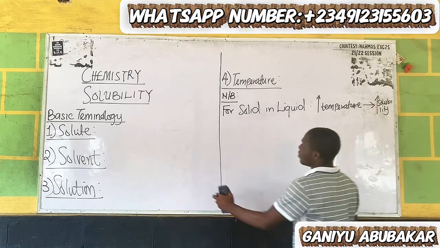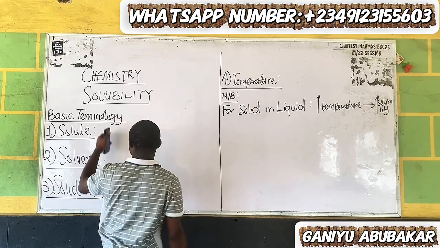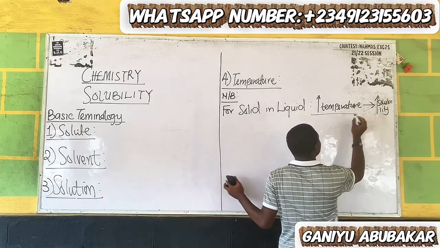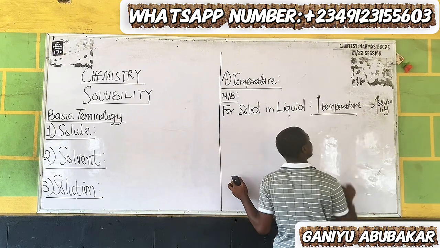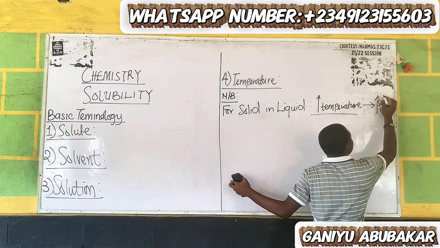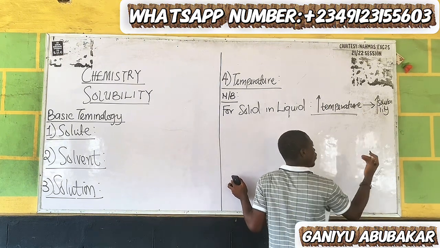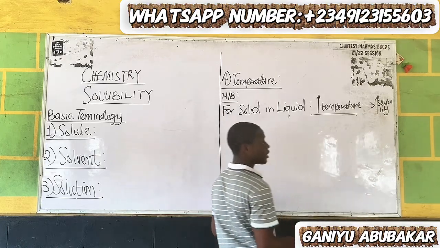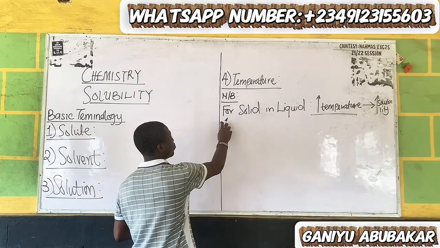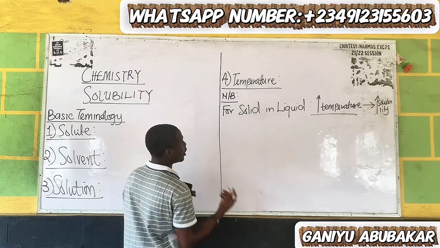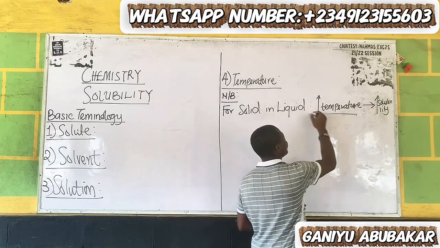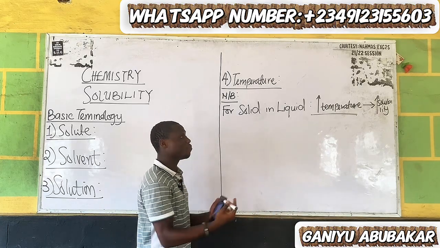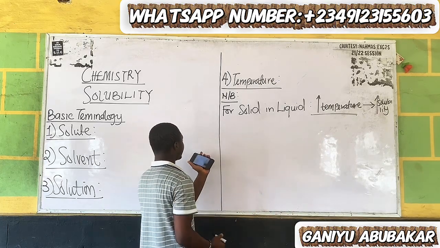So if I have a salt and a water combined such that I increase temperature, it means that the solubility, which means the rate of its dissolving, will also increase. That's the first thing to note when it comes to a solid in a liquid. So when you increase temperature, automatically the solubility, the rate of dissolving, will also increase.